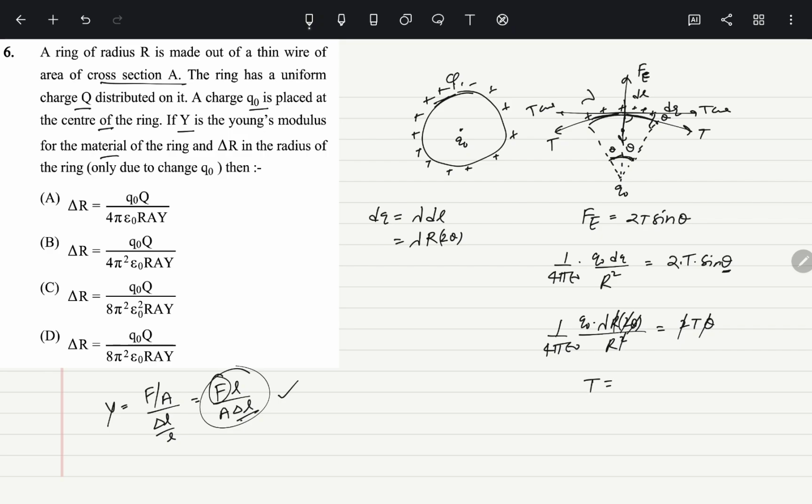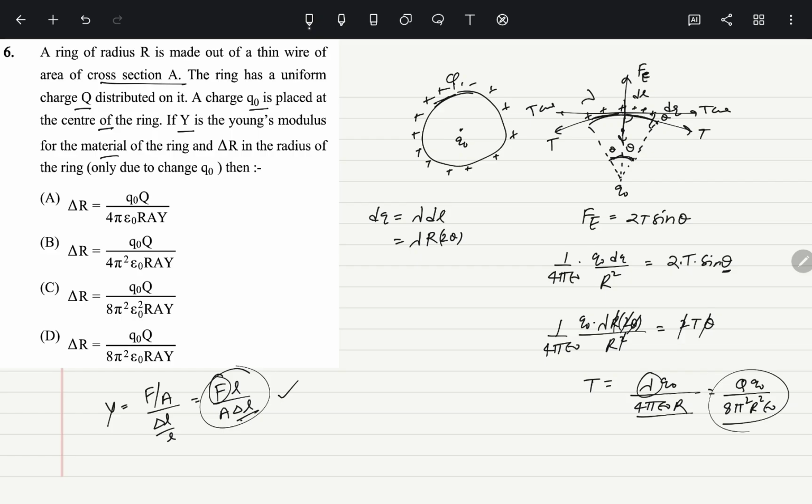The tension which we are getting is lambda Q naught by 4 pi epsilon naught into R. And lambda is the linear charge density, which is Q by the length of the ring, which is 2 pi R. So multiplied by this one, we will get 8 pi square R square epsilon naught. So this is the tension produced within the ring.